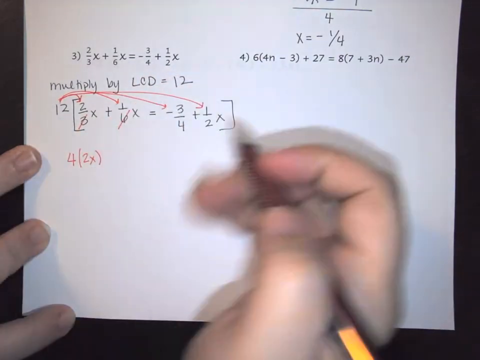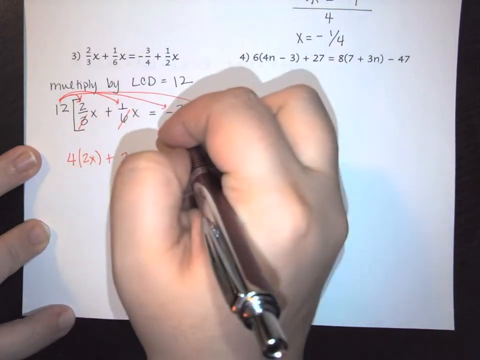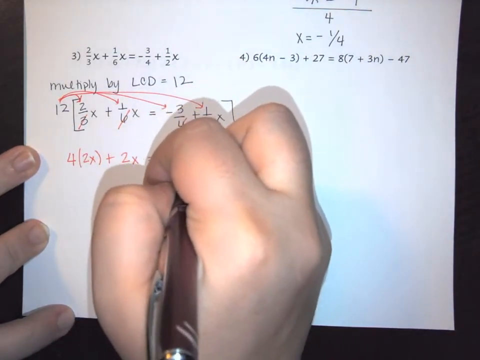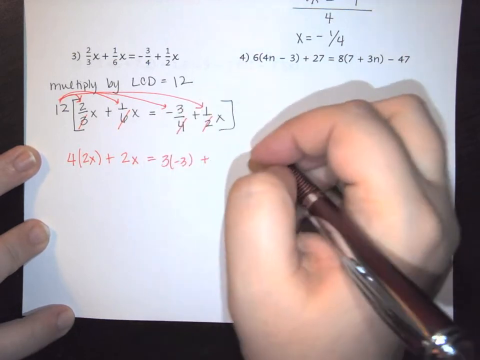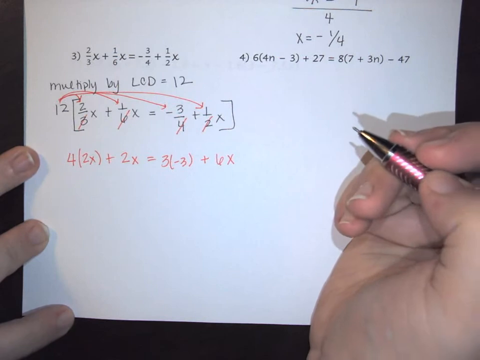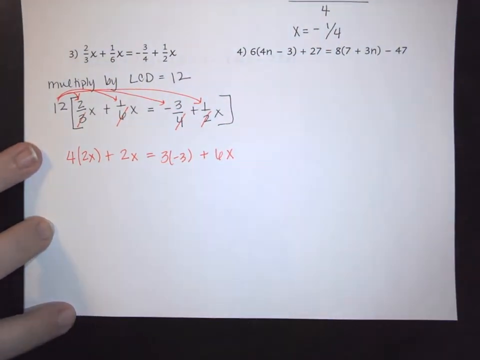Then 12 over 6 becomes a 2. 12 over 4 becomes a 3. 12 over 2 is a 6. Now all we have to do is simplify.